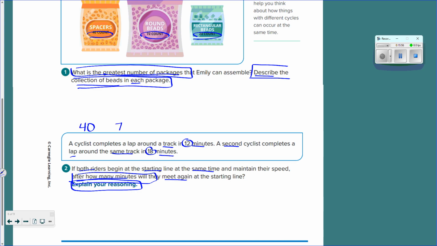Can 2 go into all three numbers? Yes. 2 goes into 40 20 times, into 72 36 times, and into 24 12 times. Can 2 go into all of those numbers? 2 goes into 20 10 times, into 36 18 times, and into 12 6 times.